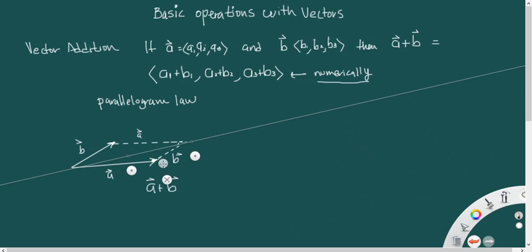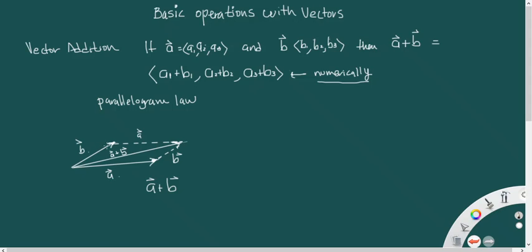Let me do it in a fancy way. This is A plus B. Okay, so this is the parallelogram law, and this is the way that we can geometrically add two vectors.